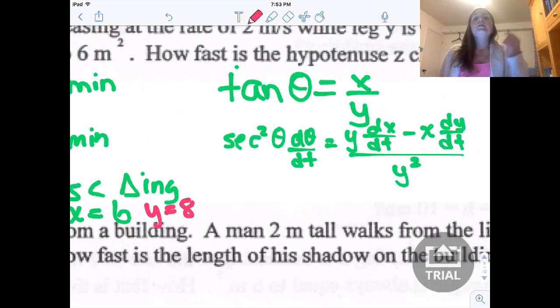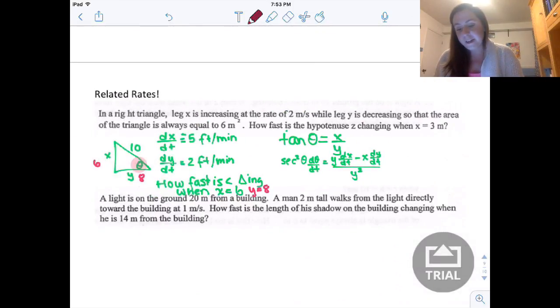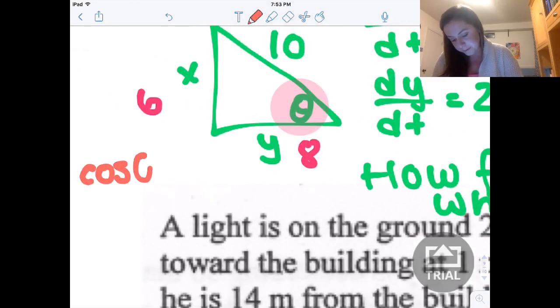The secant part is what's trickier. So remember, secant theta, yes, you could figure out theta, but let's say you didn't have a calculator. Secant is just a ratio of sides, right? It's the reciprocal of cosine. So if I wanted to find cosine of theta at this very instant, it is adjacent over hypotenuse, right?